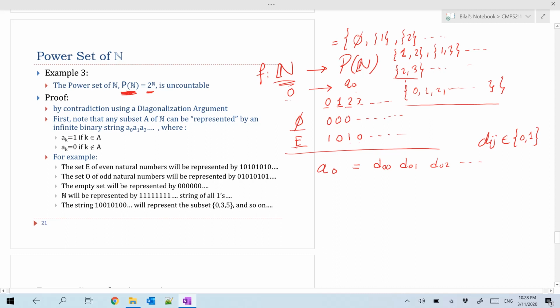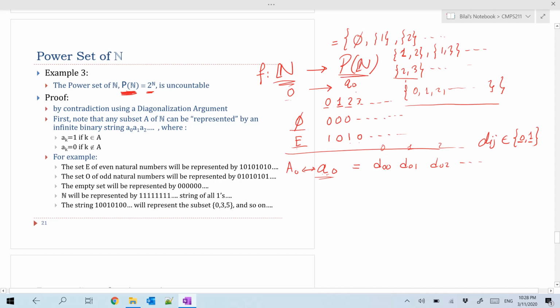Okay, so to define those sequences, we can only use 0 or 1 to denote that the corresponding integer 0, 1, 2, 3, and so on and so forth are present or not in the corresponding set. So suppose that behind this sequence there is a set called A0 that is a subset of n, and that is an element in P of n.